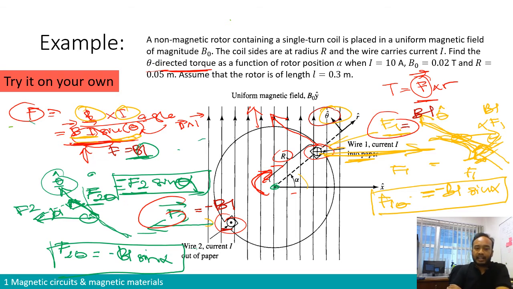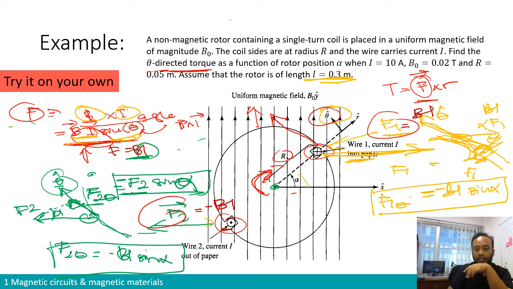There is something missing that we haven't included yet, that is the length L. As I mentioned previously, the force that we're calculating, equal to BI sine theta, is a force on one point. So we know that our rotor or our conductor has a certain length, so we have to multiply everything by the length L as well.